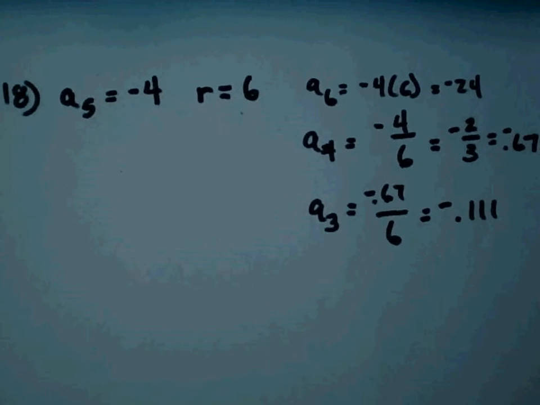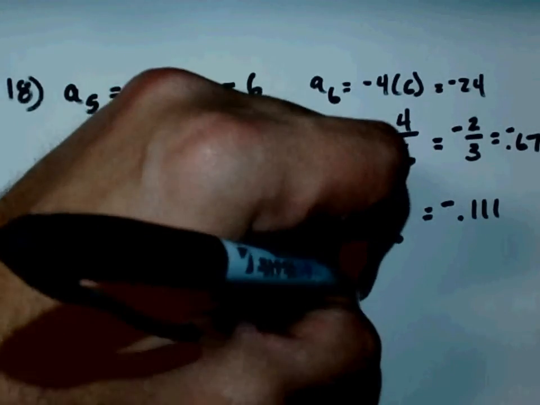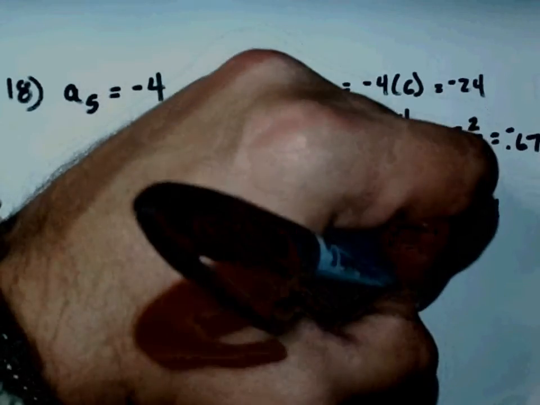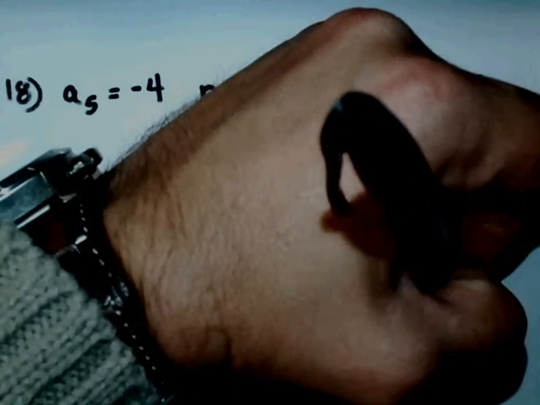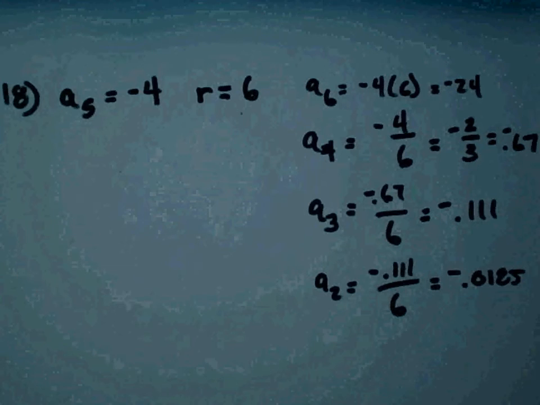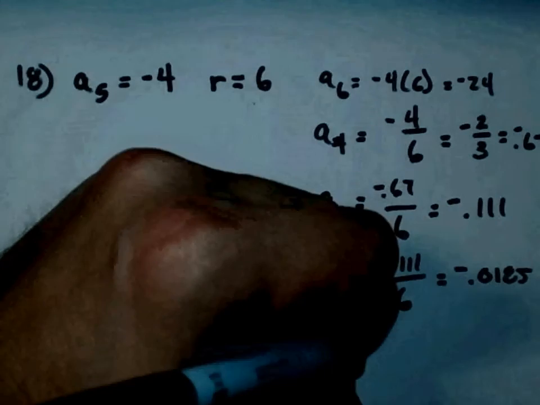Good. All right, and so I need the A2 term because I'm almost at A1. I'm going to take -0.111 divided by 6. Okay, so I get -0.0185. Now that's A2. How do I find A1?